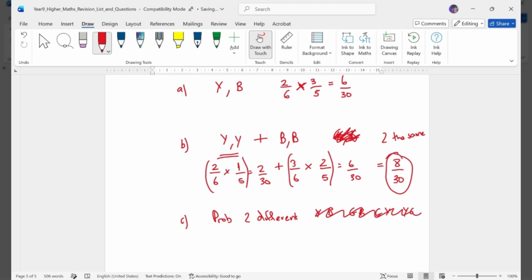If 8 out of 30 combinations involve being the same, then the other 22 combinations involve being different. So all I've done is 30 take away that 8 to get the 22 other combinations which involve different colors.